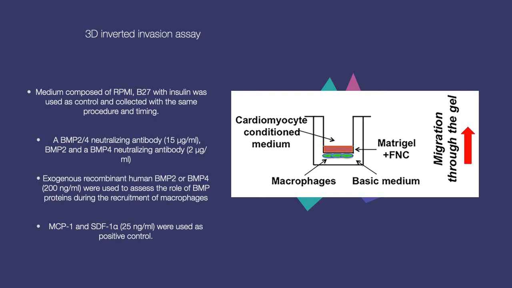They also had positive controls of recombinant BMP2 and BMP4. And for all these inversion assays, MCP1 and SDF1 alpha were used as positive controls because they are known to influence macrophage migration.